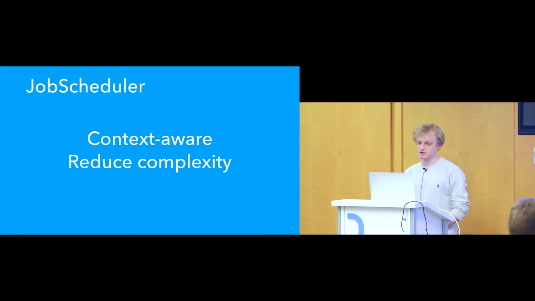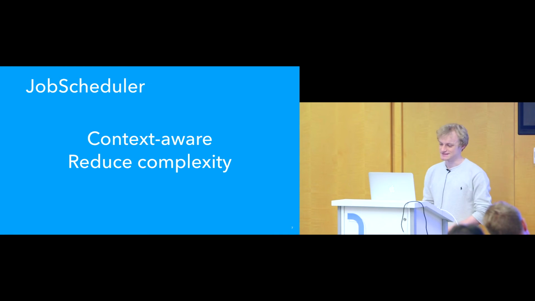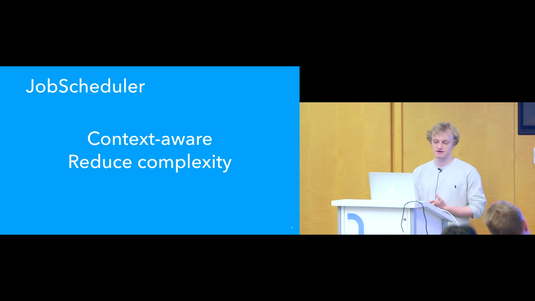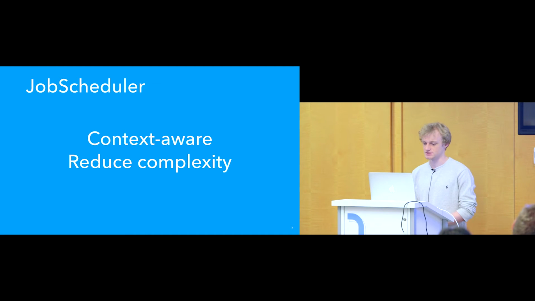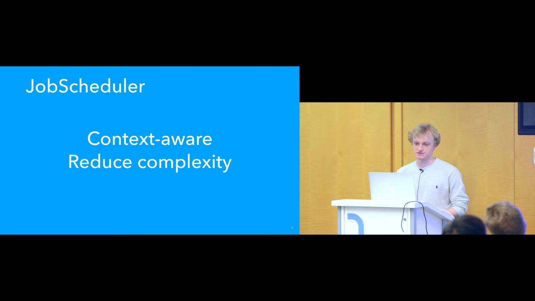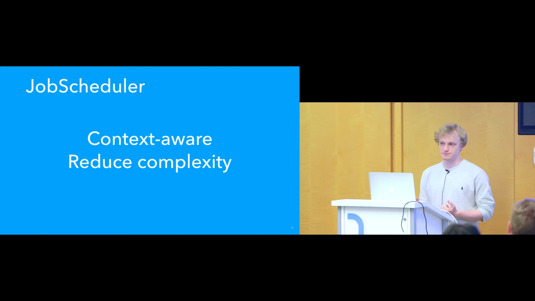So the job scheduler solves a lot of these problems, and even provides us with some great abstractions. The first great thing is that it's context aware. The job scheduler is not something bundled in your app.